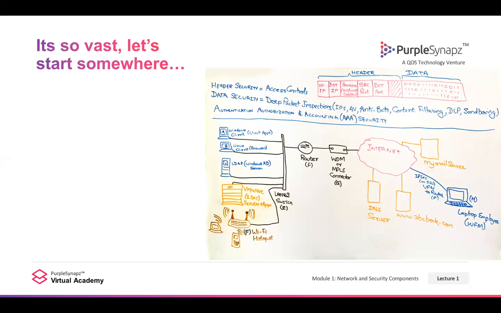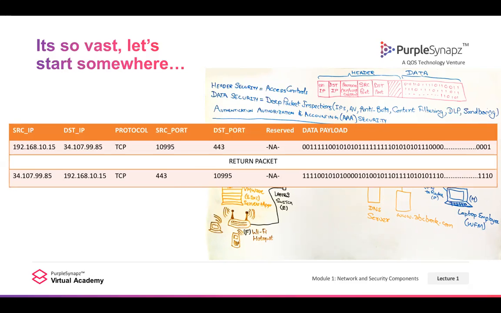So we have to take care of their access to these devices: first, that they are authenticated correctly; second, that their actions are controlled; and thirdly, that whatever actions are allowed to them get recorded. This creates a stack of solutions called authentication, authorization, and accounting, or AAA security, basically for the administrators of these devices. So these are the three different types of security controls we are going to talk about, looking at this diagram, and we will evolve our understanding.